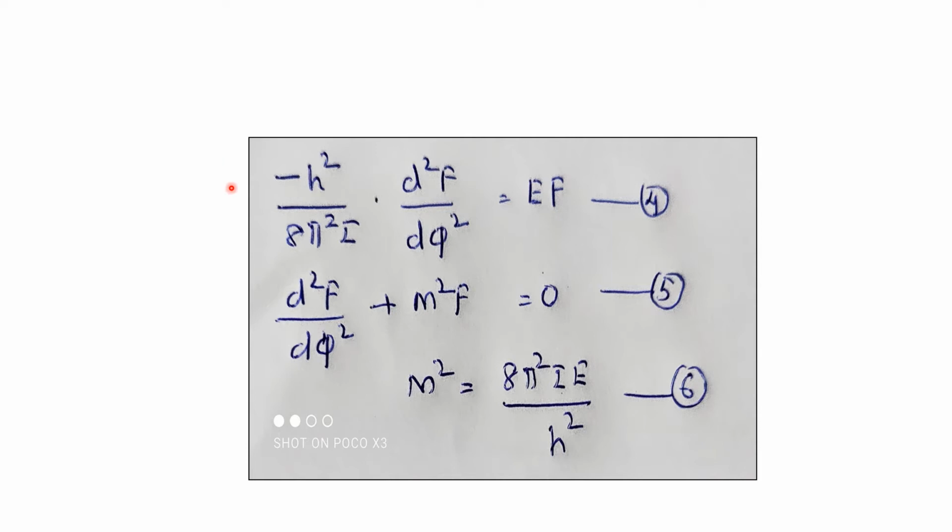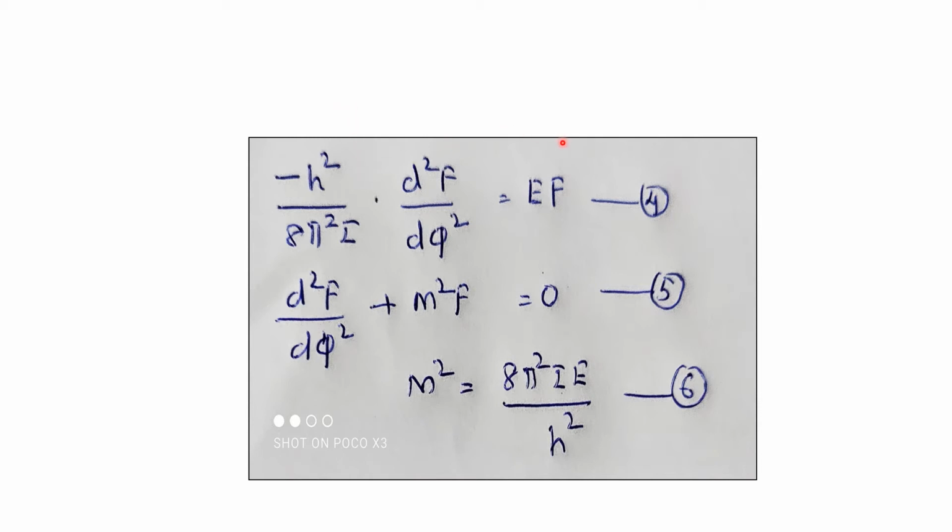The eigenfunction f of phi, or simply f, will be a function of phi only. So the Schrödinger equation can be represented as minus h square by 8 pi square I into d square f by d phi square equal to E f.